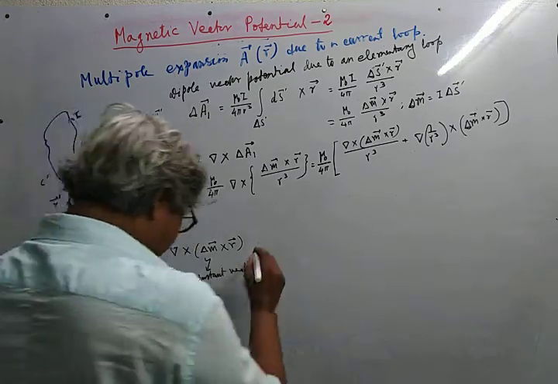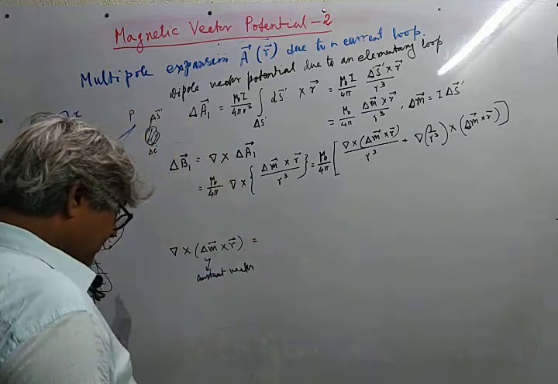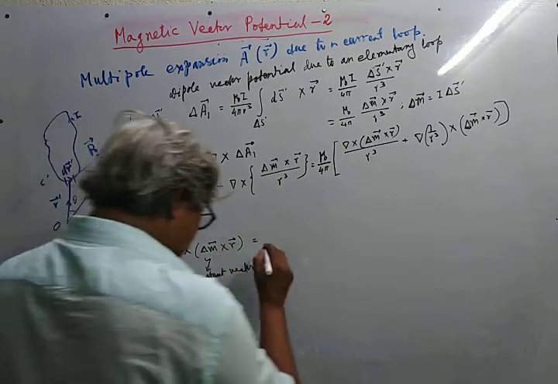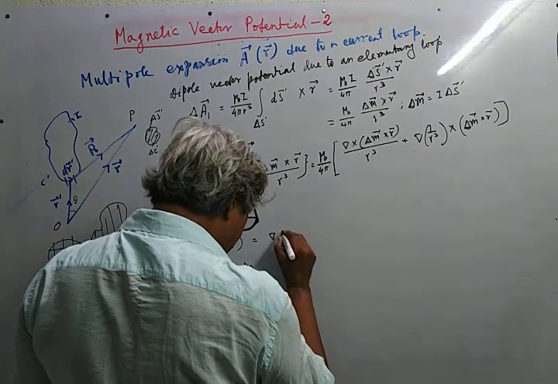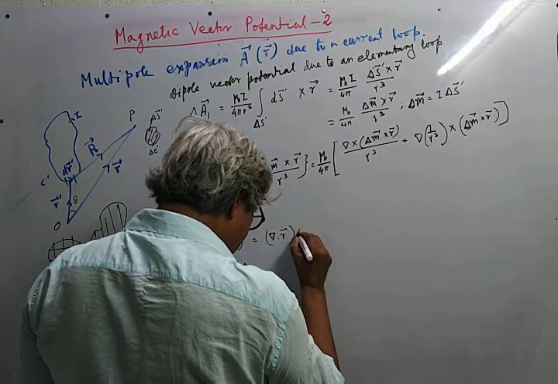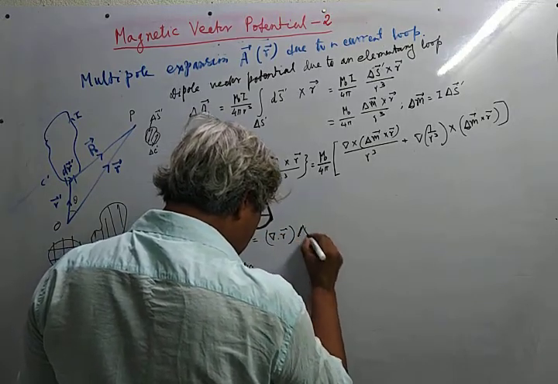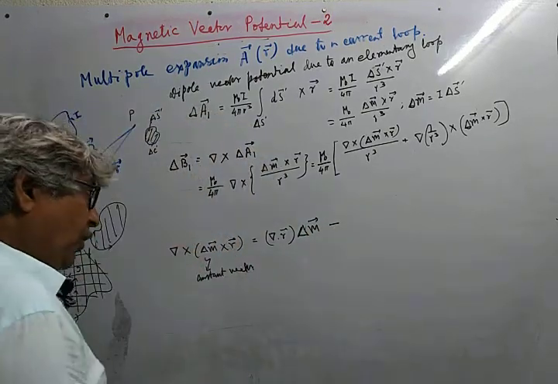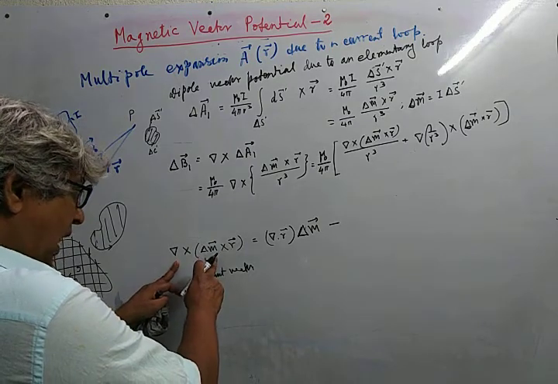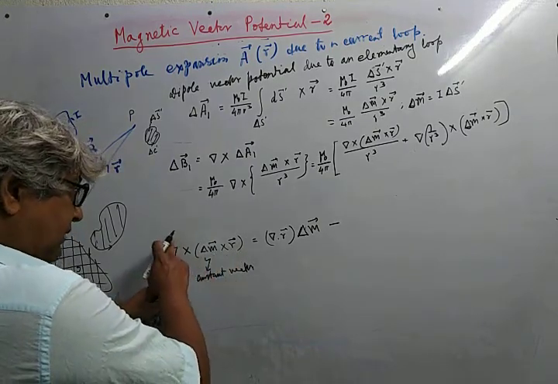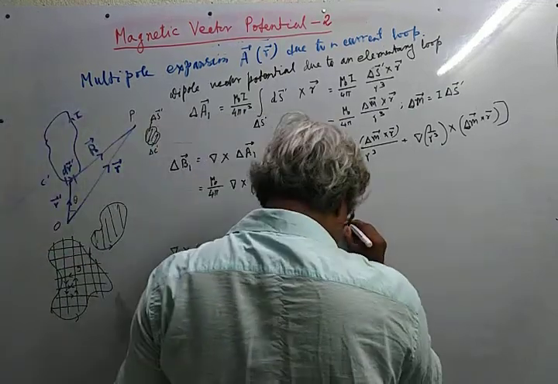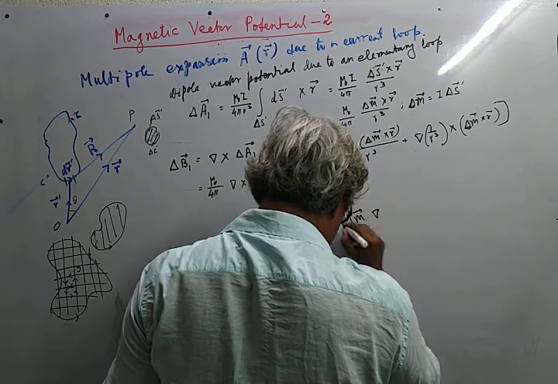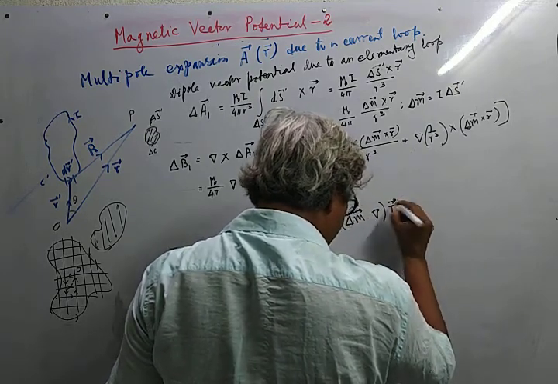So first term is delta m will come out and there will be a dot between them. In the second term, there will be a dot between these two and r will come out, but note that del will operate on r, so we write it as delta m, grad nabla operating on r.